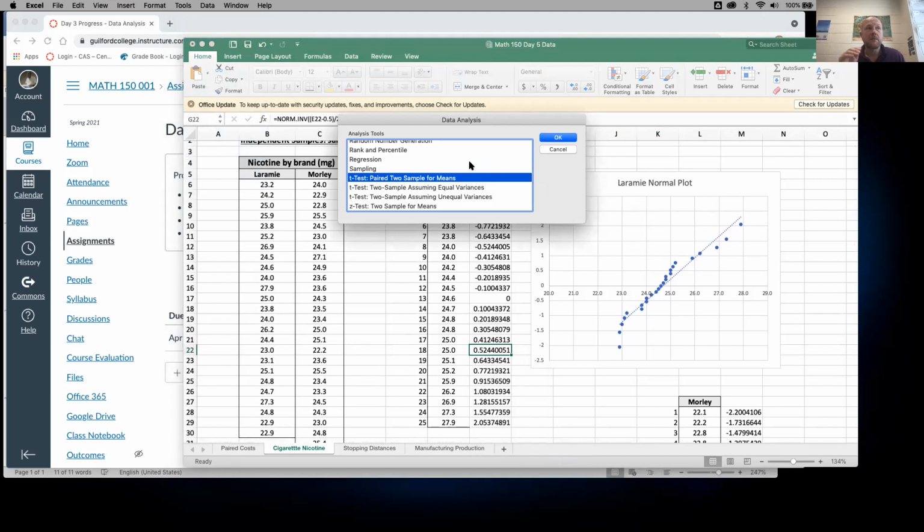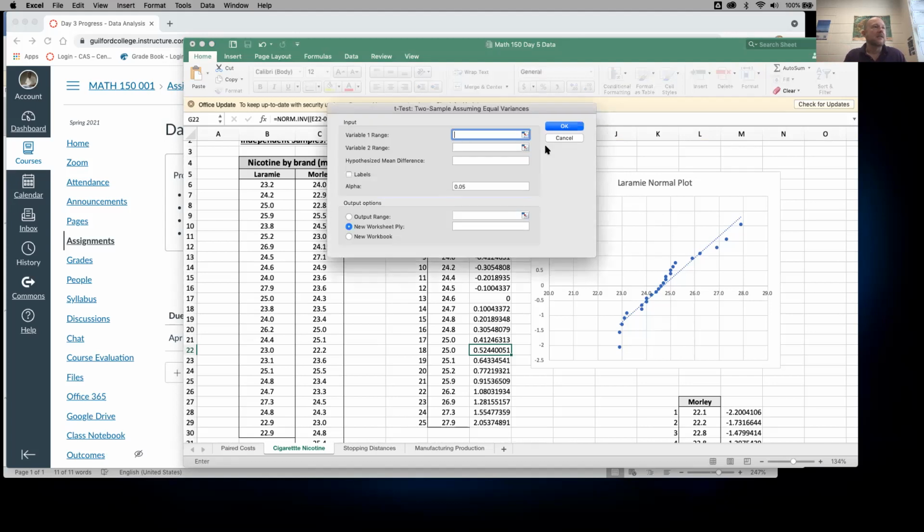The t-test paired two-sample for means won't work for us because these are not paired. They were independent samples. So we're going to look down here to the t-test two-sample assuming equal variances. This time we're assuming that the variances were equal, okay?